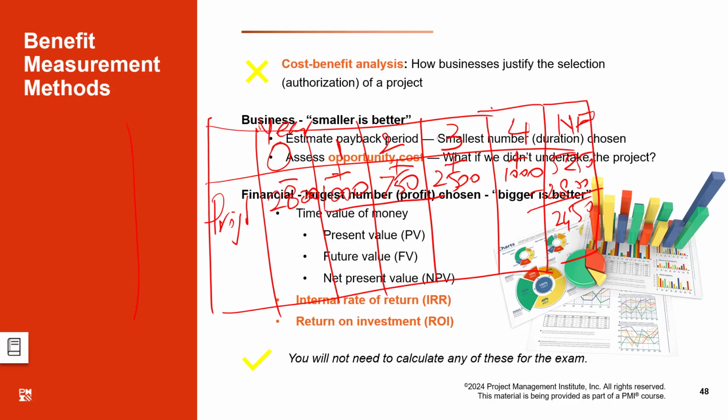Let me put another project in front of you. Project number two. You are investing 3,000 in it and you are getting 1,500 and 500 and 500 and 1,000 and then 3,000.